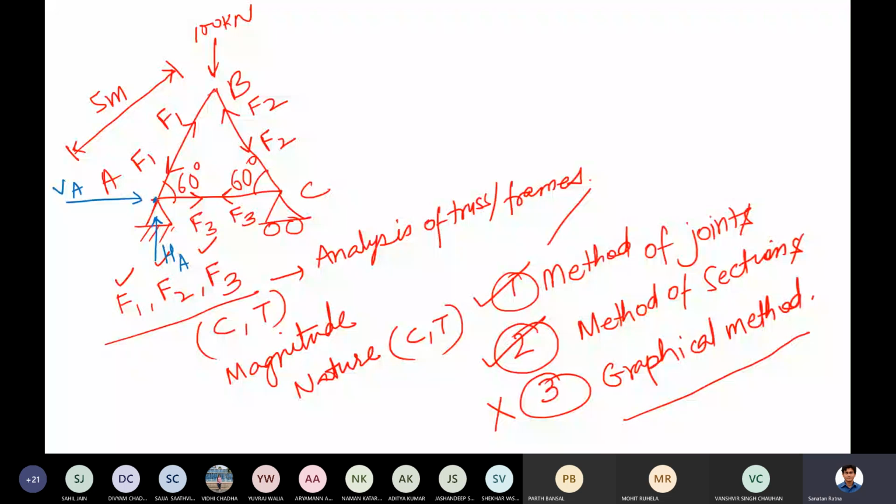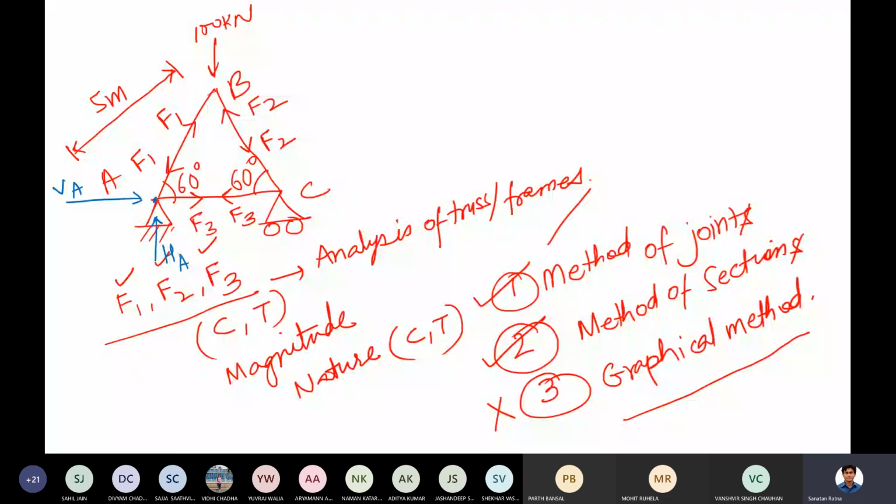Only external forces which I have marked in blue color. Summation Fx, VA is equal to 0. Yeah, VA is equal to 0.